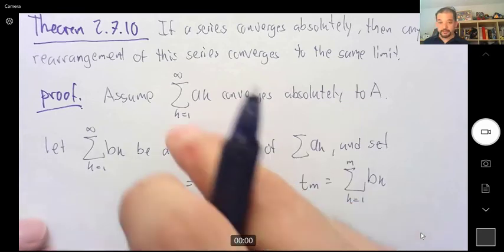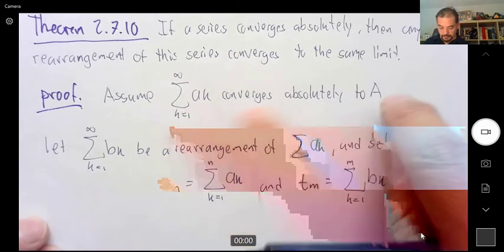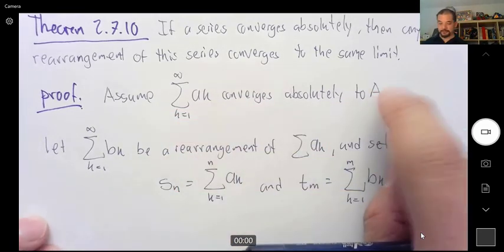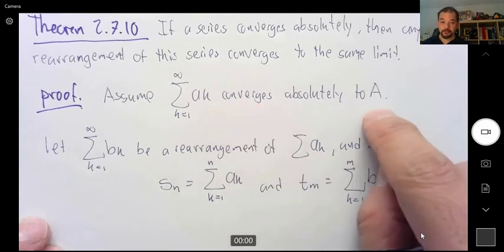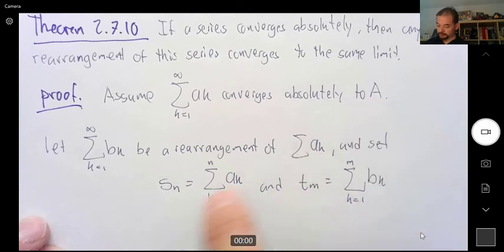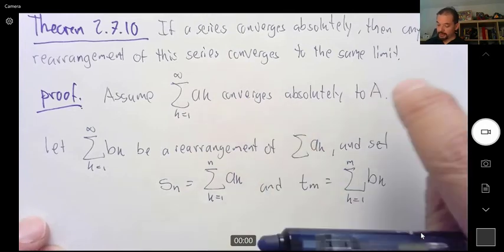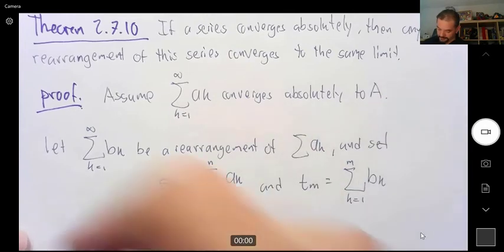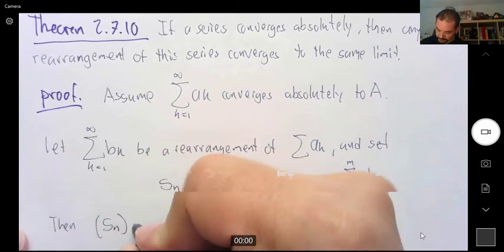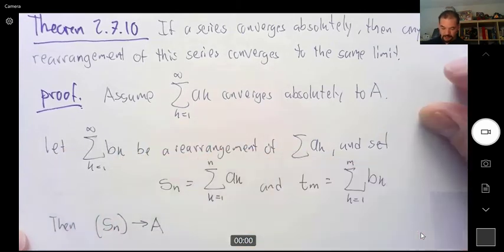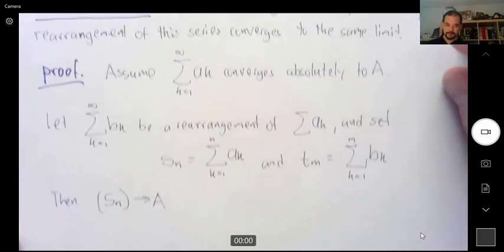Let's write down what it means for this series to be convergent to A first. Remember, for this series to be convergent, it means that the partial sums converge to A. So the sequence of partial sums converges to A. What is the meaning of that?